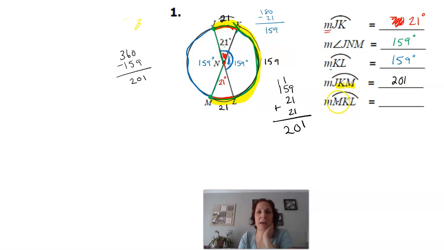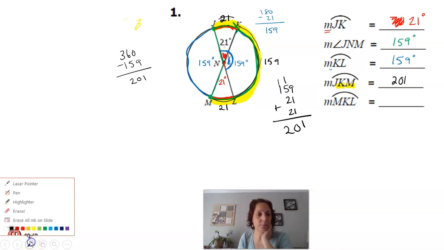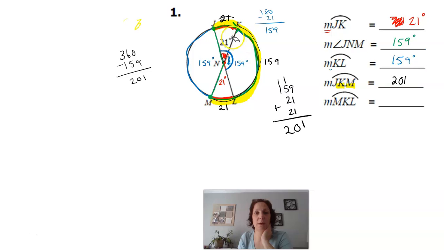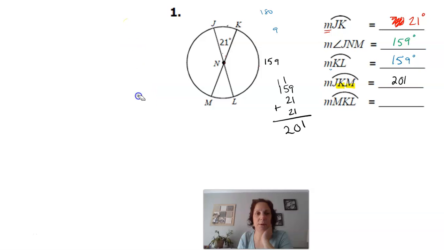Okay, so let's see. What about MKL? Oh my. I'm going to clean up my circle here, if you don't mind, so we can actually see what we're doing.